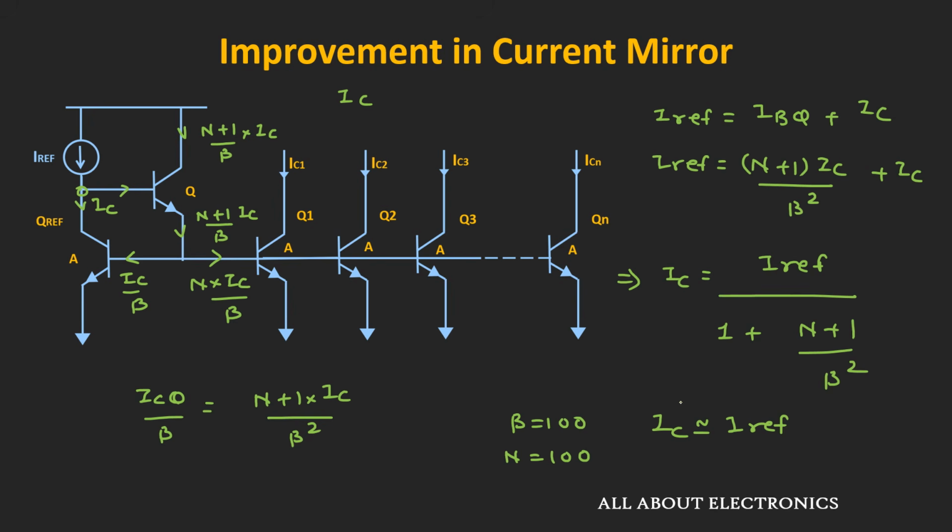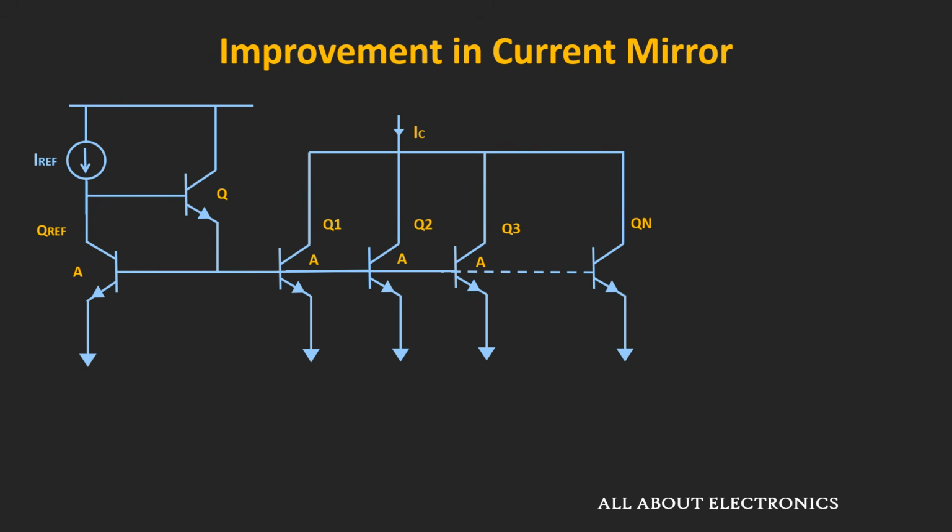So with this configuration, there is a significant improvement over the previous case. Similarly, in this case also, if you follow the same procedure, then this collector current IC can be given as n times I reference divided by 1 plus n plus 1 divided by beta square. So by including this transistor, we can improve the performance of this current mirror.